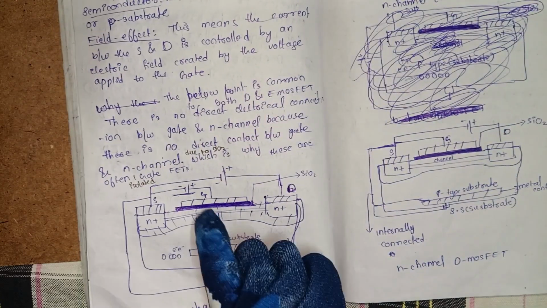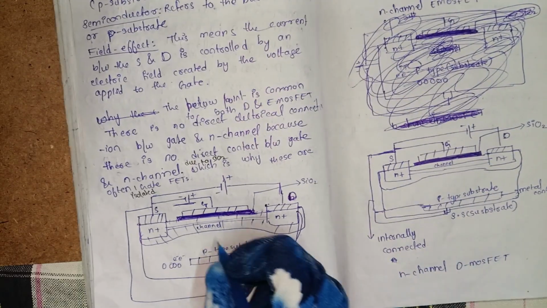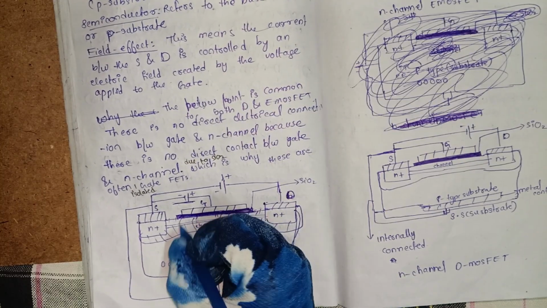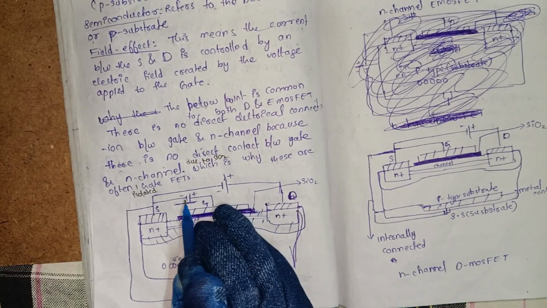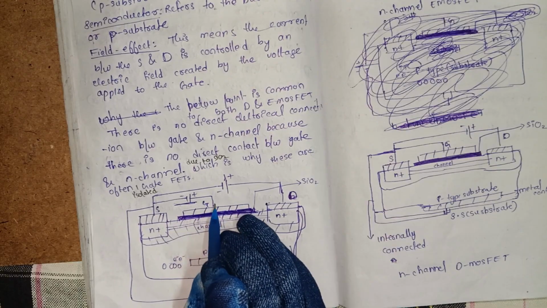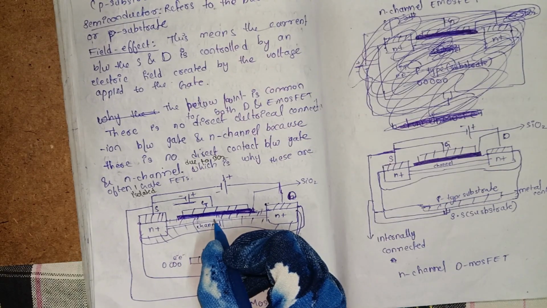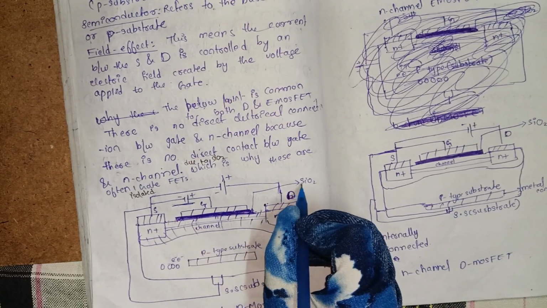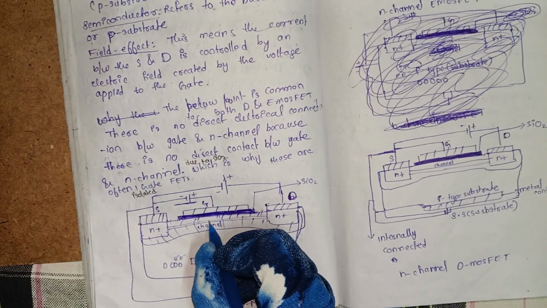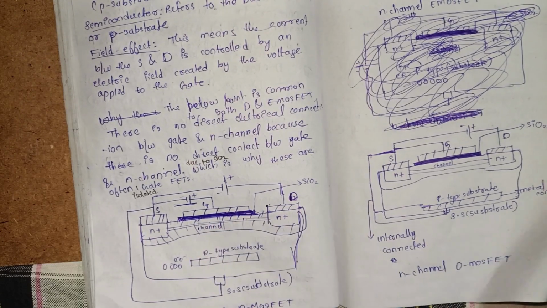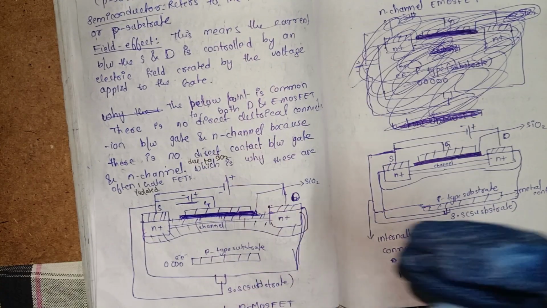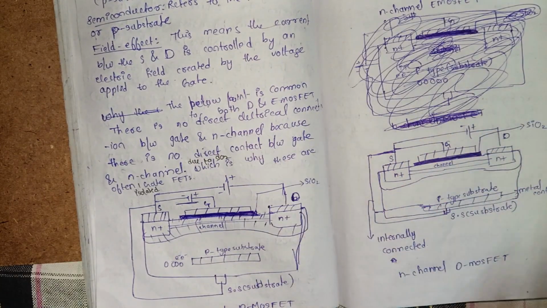This depletion region increases with the increase in the negative voltage, from the top insulator, which means silicon dioxide, to the conducting channel, which narrows this conducting channel. In the conducting channel, electrons will flow.